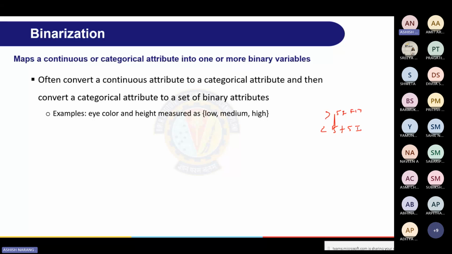Eye color, or height measured as low, medium, high. I can convert them into binary ones. Eye color, let's say brown or not brown. I'm interested in only this, so I will convert it into only two, brown or not brown.